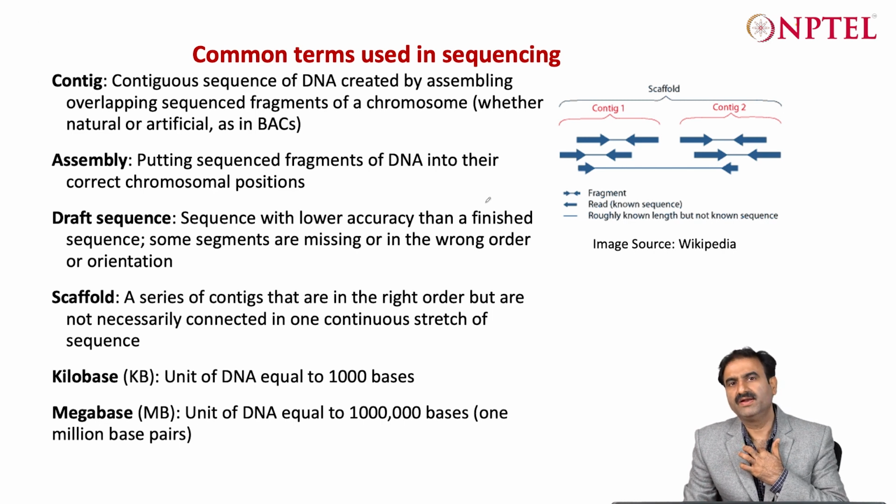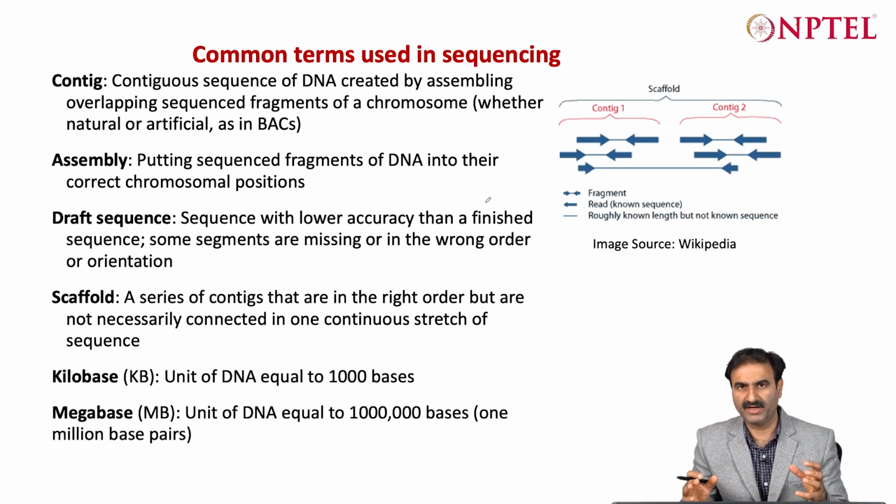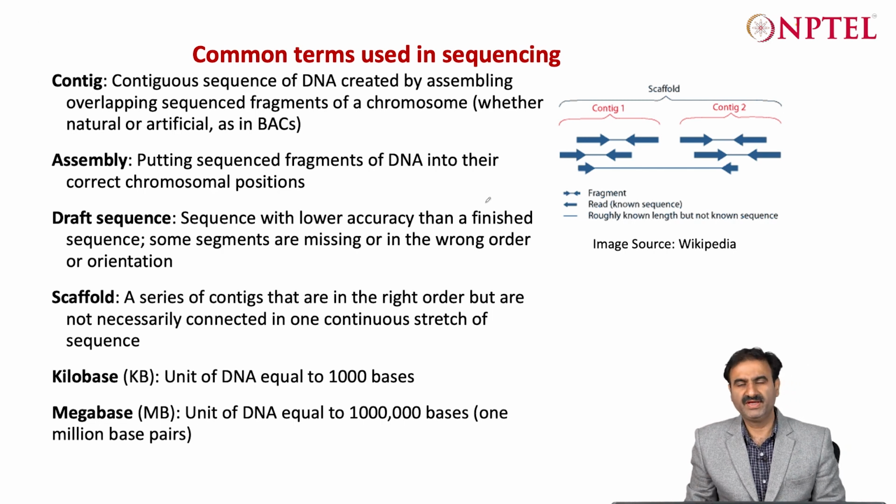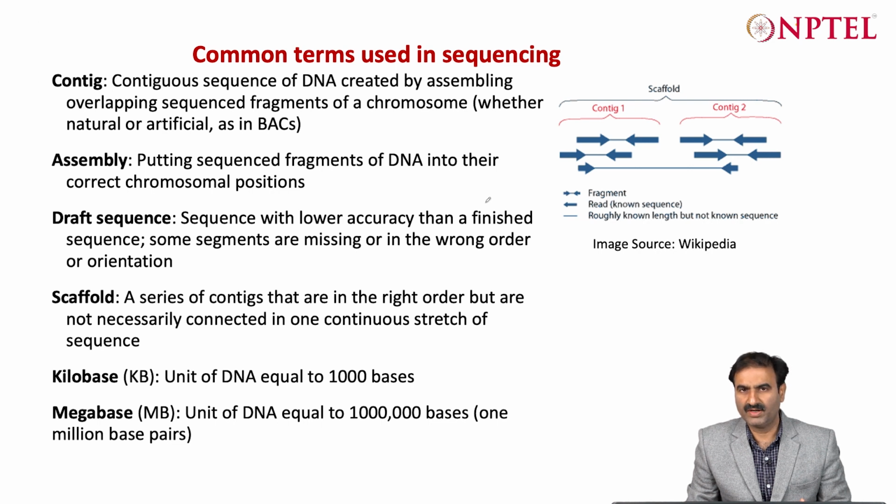Then scaffolds: when you have a lot of contigs, you arrange those contigs in the right order and orientation, so that you can connect long-distance contigs into a scaffold, which considerably increases the length of the draft genome, or the N50 of the draft genome. Then some units like kilo base pair, kb, 1000 bases, or mega base pair, Mb, a million base pairs. These are words you will see when you are doing the sequencing.